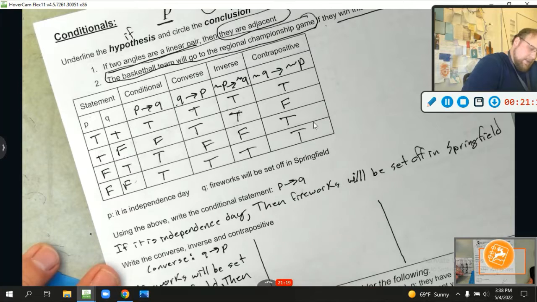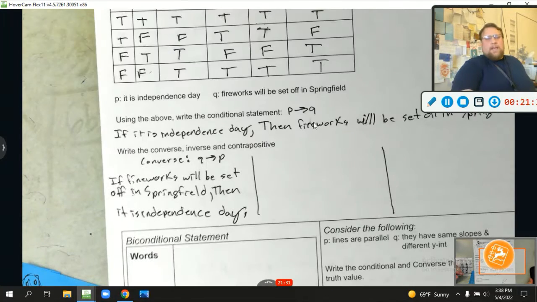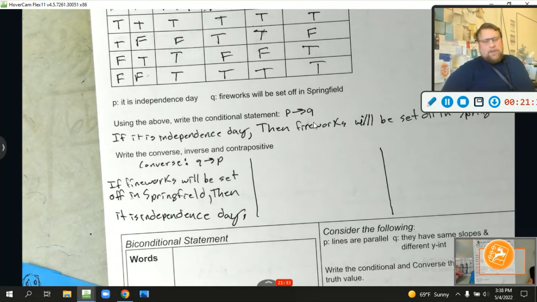Then it is Independence Day. Awesome. So let that sink in. The converse was if Q, then P. So now we just switched it up. We said if fireworks will be set off in Springfield, then it is Independence Day.